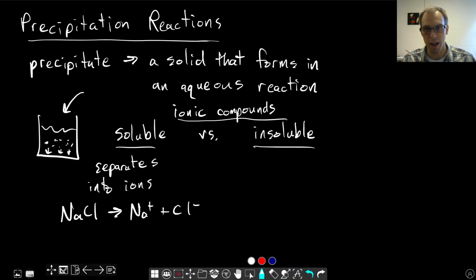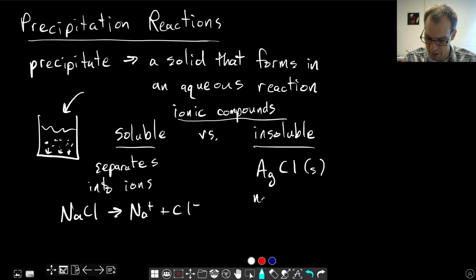An example of an insoluble compound is something like silver chloride. This will not dissolve in water. So if you weighed out silver chloride and put it into water, it would just stay as a solid. Or if you make silver chloride in a reaction, it will turn into a solid if those silver and chloride ions find each other.